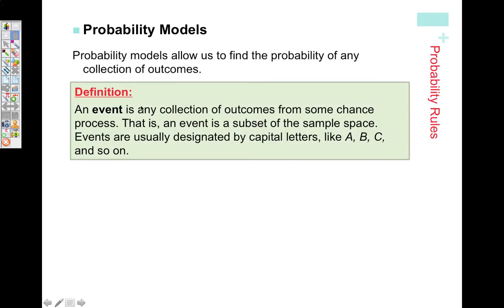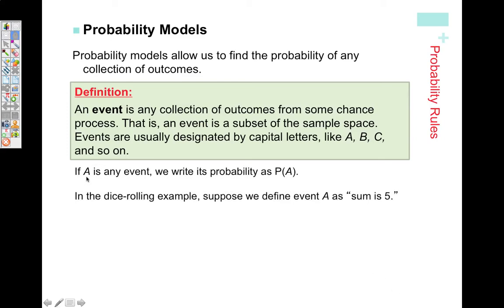A probability model will allow us to find the probability of any collection of these outcomes. And we have to define something called an event. An event is any collection of outcomes from some chance process, like rolling dice. That is, an event is a subset of the sample space. And usually we use capital letters to denote events.